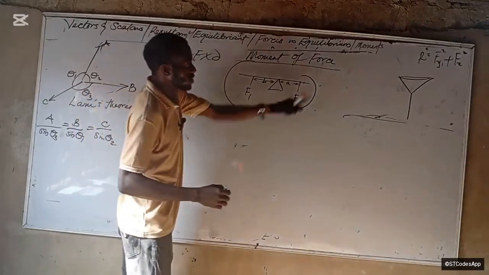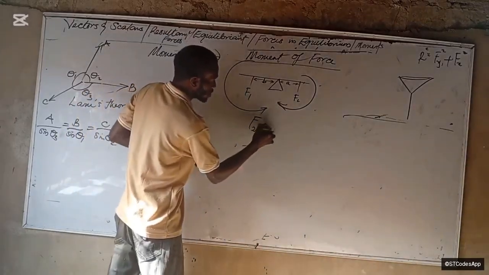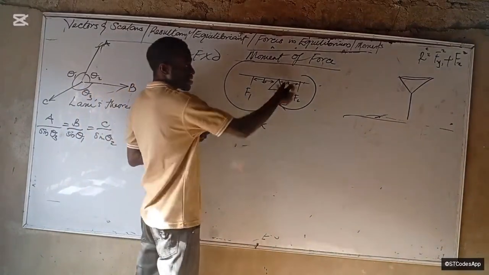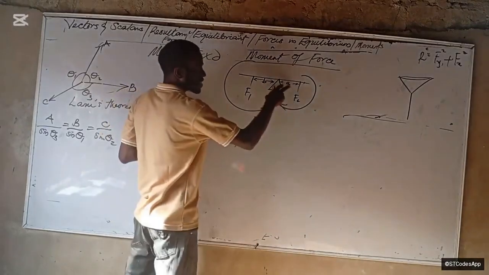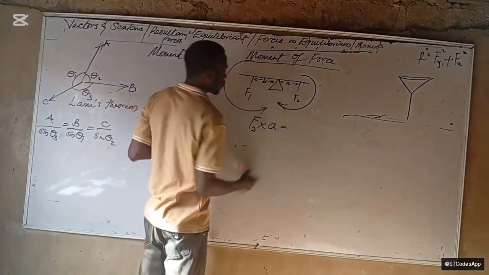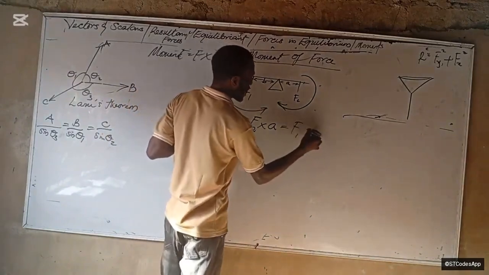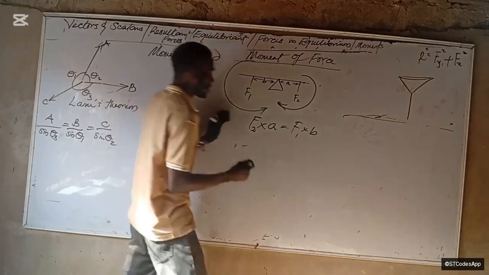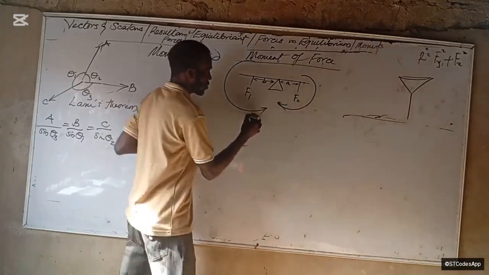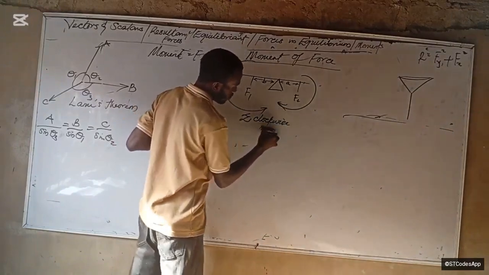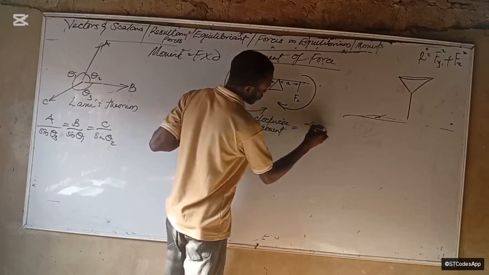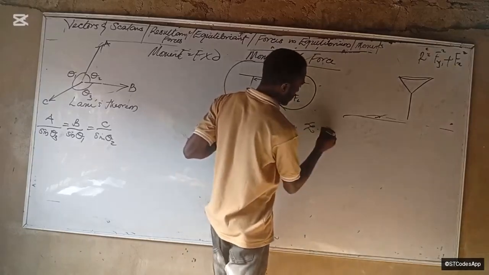Okay. So if it's the clockwise moment, it means F2 times distance. Distance is the distance from the meter rule. Is that okay? F2 times A will be equal to what? F1 times B. So we say the sum of clockwise moments is equal to the sum of anti-clockwise moments.